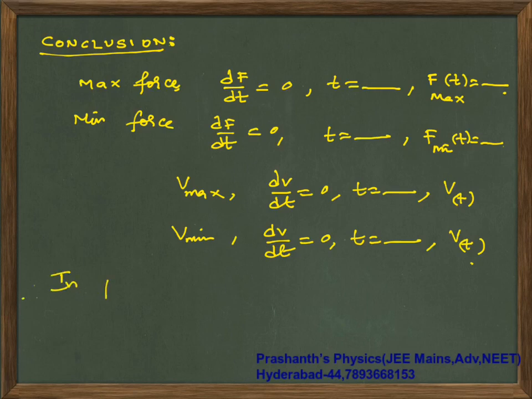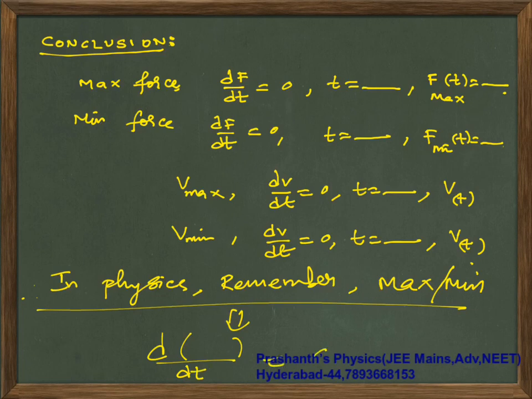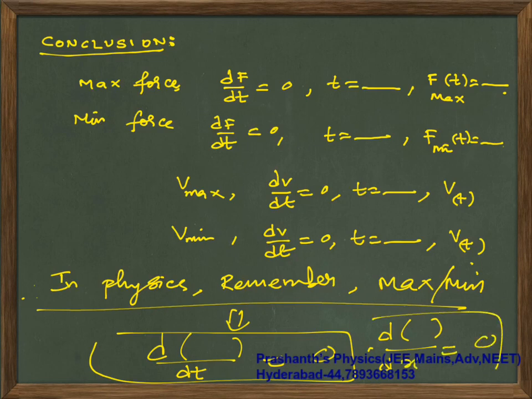In physics, remember, whenever you see max or min, that implies the derivative of something with respect to time, or with respect to some variable x, is 0.